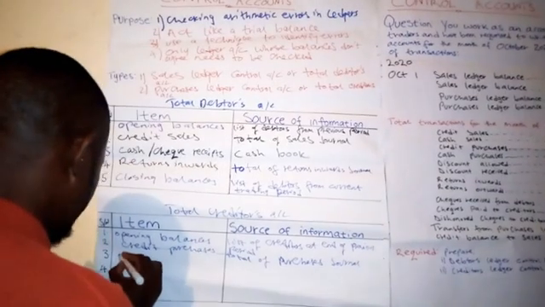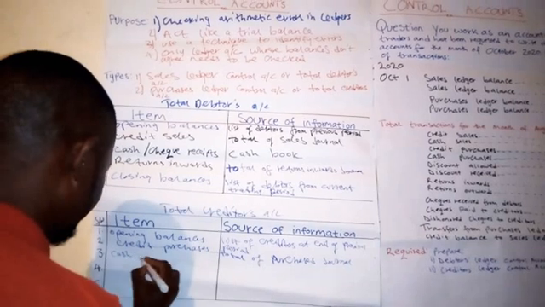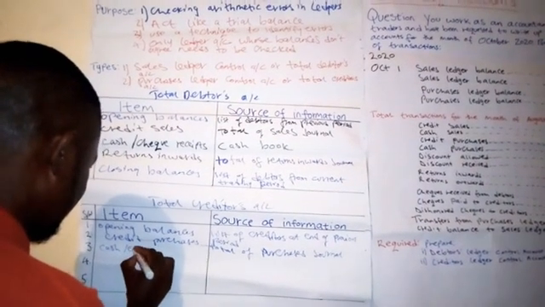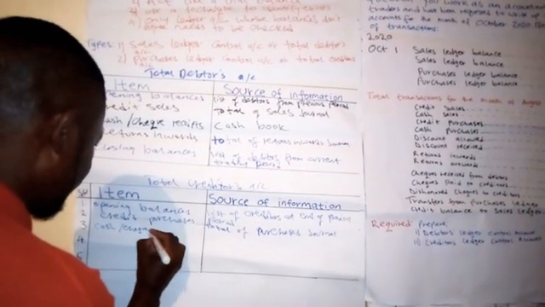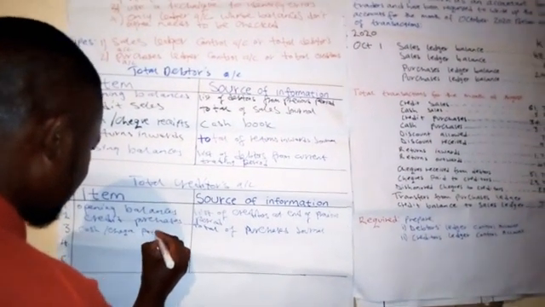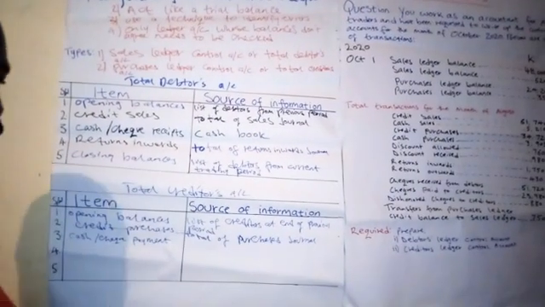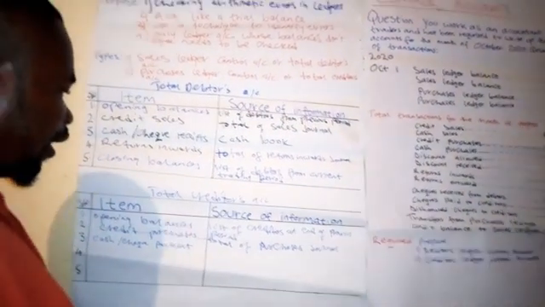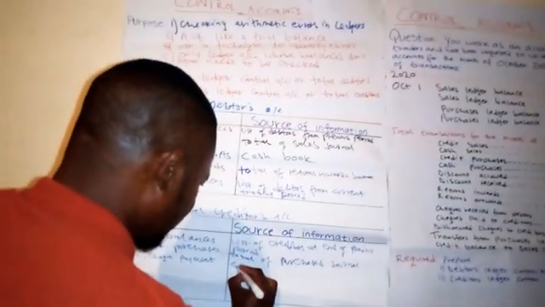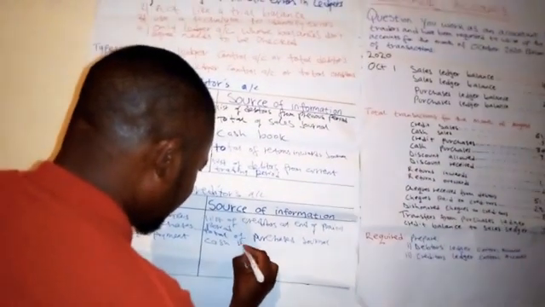So you can have cash or cheque payments to our credit suppliers. The information is taken from the cash book.